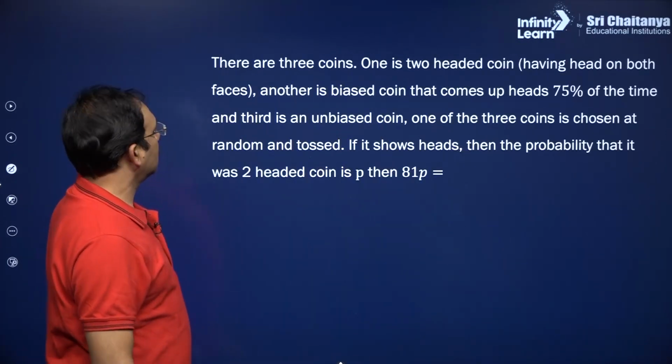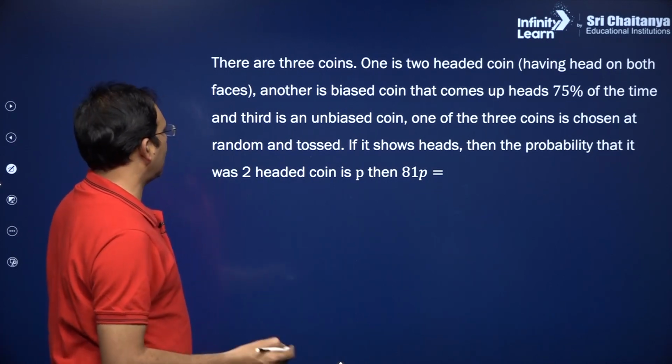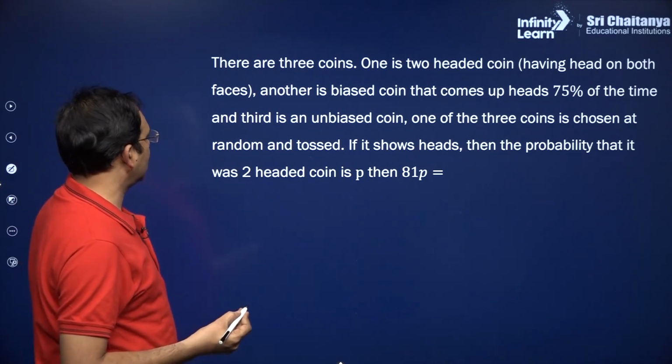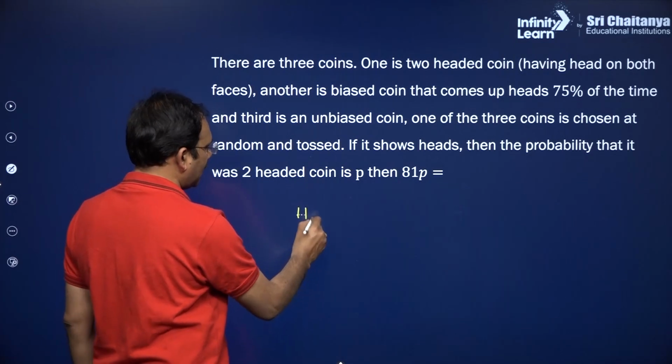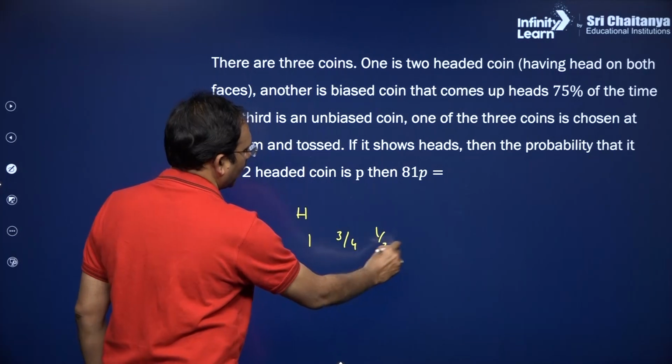Next, my dear friends, there are 3 coins. One is a two-headed coin, having head on both the faces, another is a biased coin that comes up heads 75% of the times, and the third is an unbiased coin. First coin head probability 1, second coin 3/4, third coin 1/2.